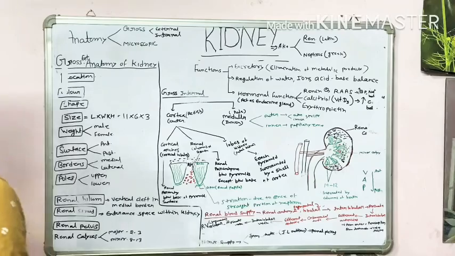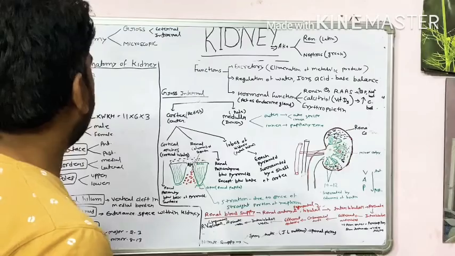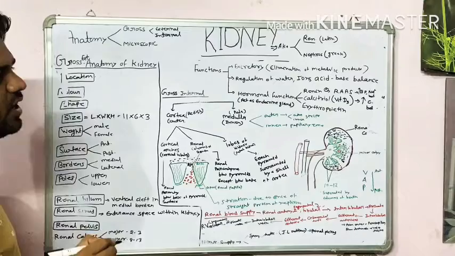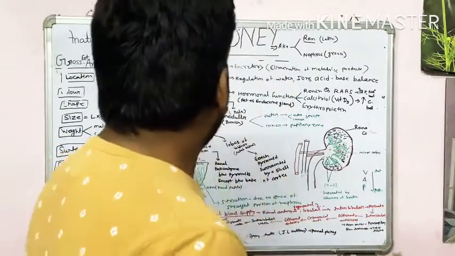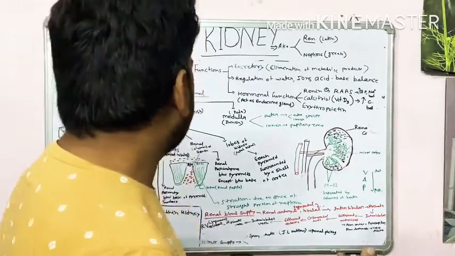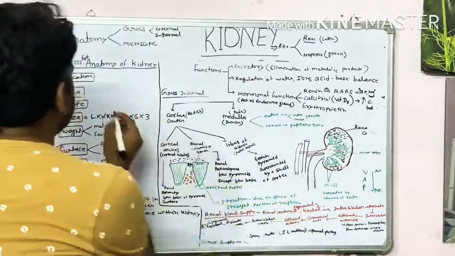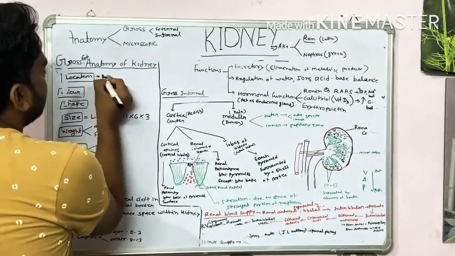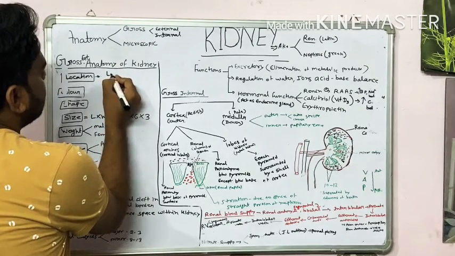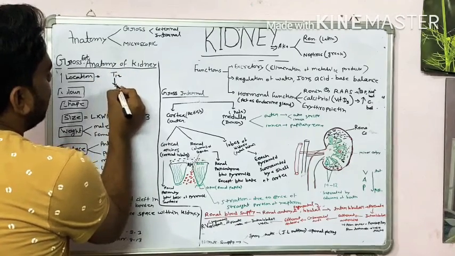First of all, under the gross external anatomy of the kidney, we will see the location of the kidney. The kidney is a retroperitoneal organ. That means it is located behind the peritoneum. The extent of the kidney is T12 to L3 level.